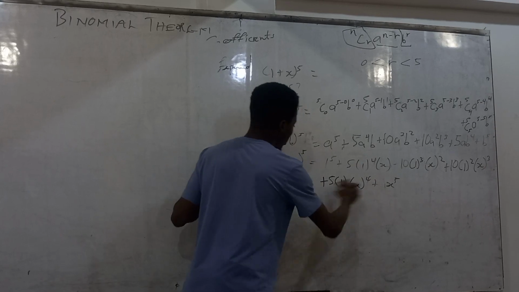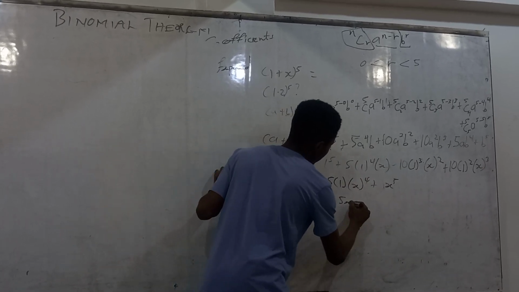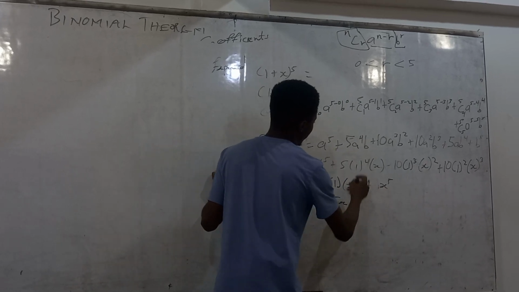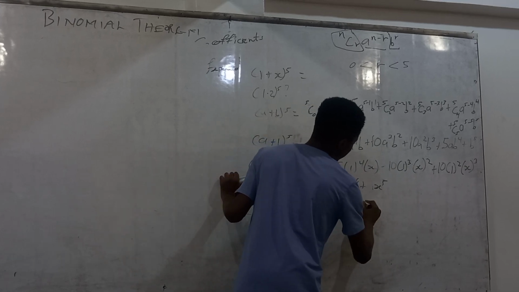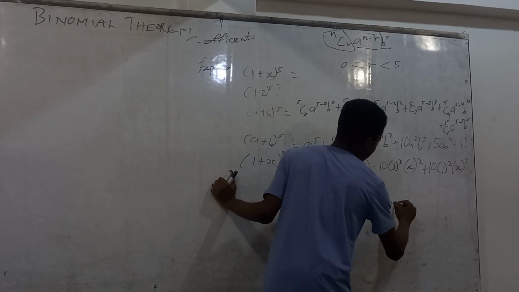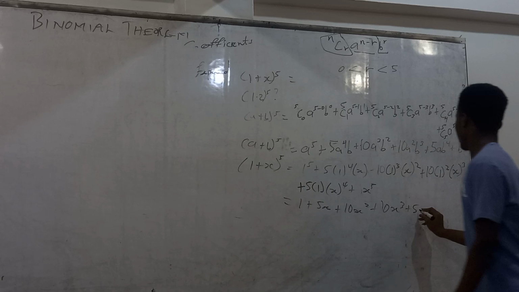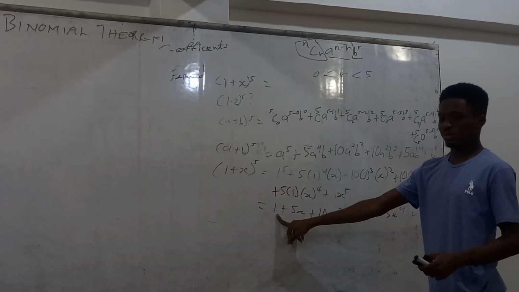When you do it, you get 1 plus 5x plus 10x squared plus 10x cubed plus 5x to the power 4 plus x to the power 5.